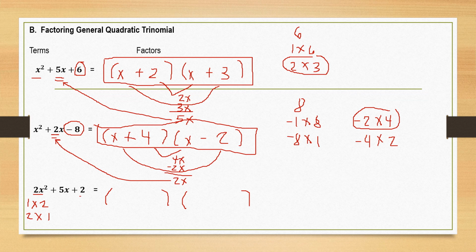And then for 2, we have also 2 times 1, 1 times 2. Let's first try 2x times x, and then, so I will choose this and this one.